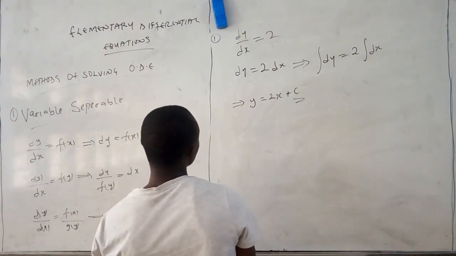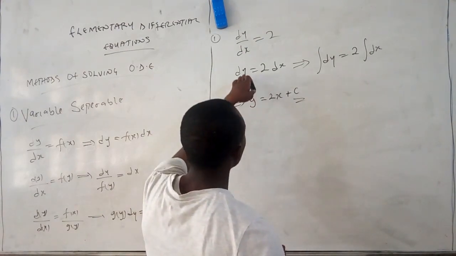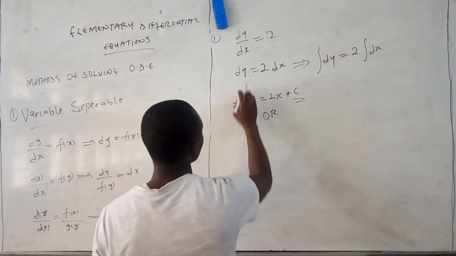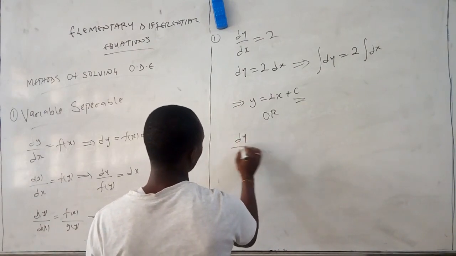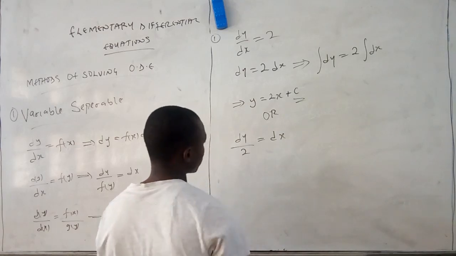Then if you take 2 to be constant of y, what you have is dy over 2 is equal to dx.